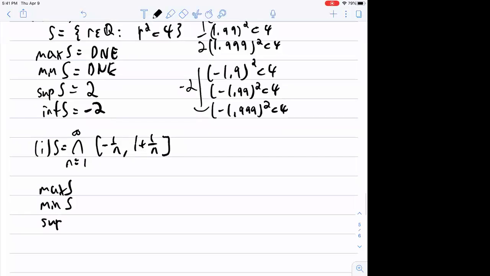So my first question would be, can any negative number be in the set? Let's say I picked a negative number, like -1/4. Can that be in my set?